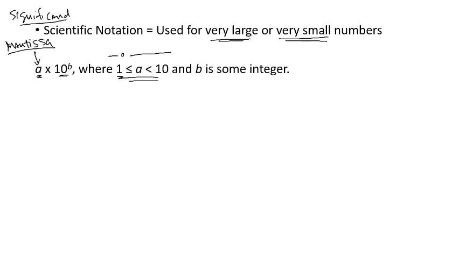If b is greater than 0, then we know we're dealing with a large number. And if b is less than 0, it's negative, which means we're dealing with a much smaller number. So let's look at a couple of examples of this, and we'll see how this works.